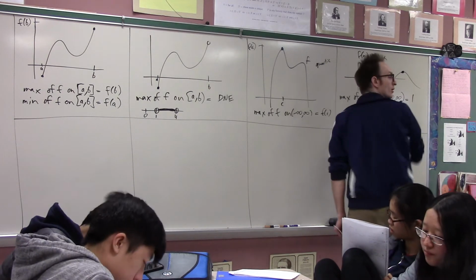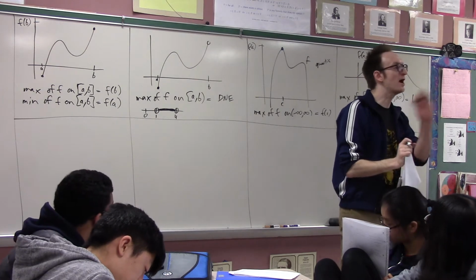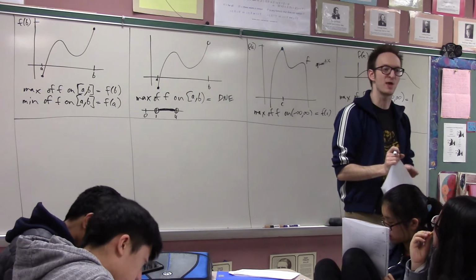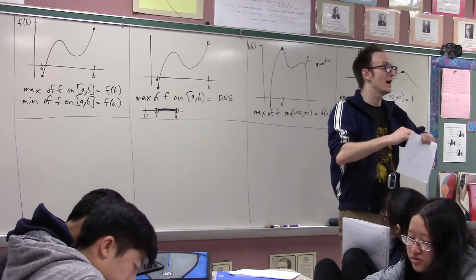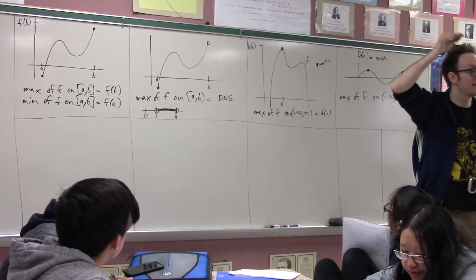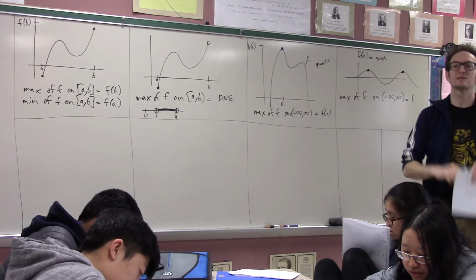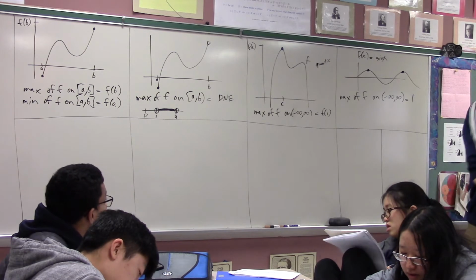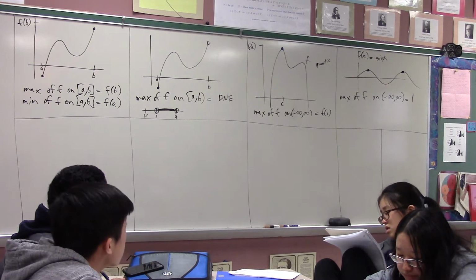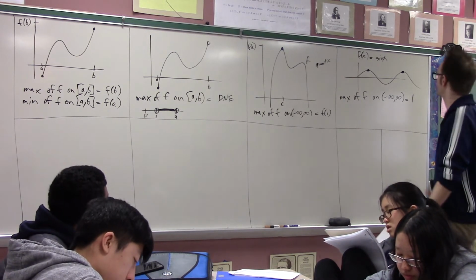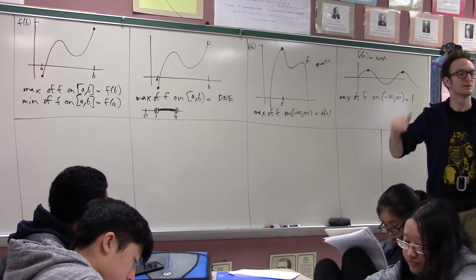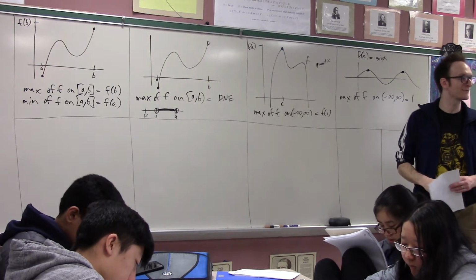Don't get all freaked out about weird things, right? This function hits that high point infinitely many times. But that's not what we're talking about. The question we are asking is, what is the largest y value? And the largest y value just simply is 1. This function obtains that largest y value infinitely often. Cool?